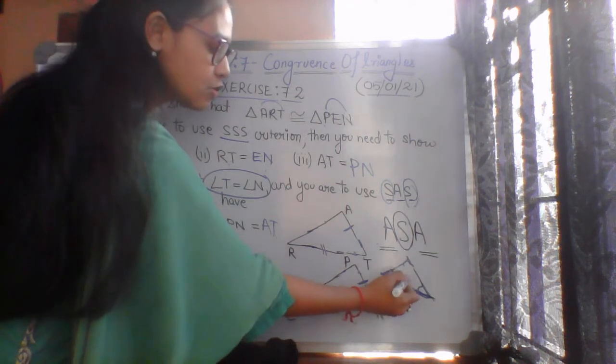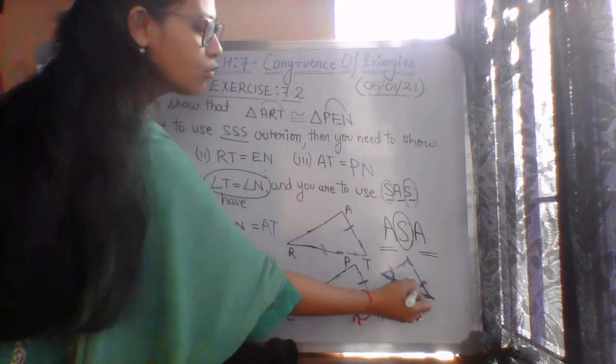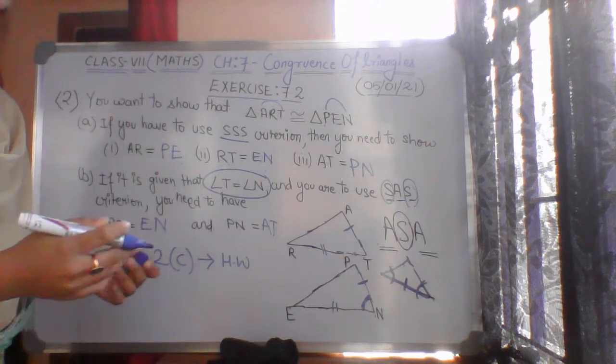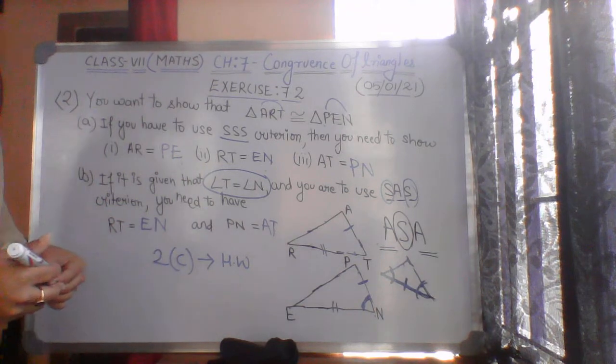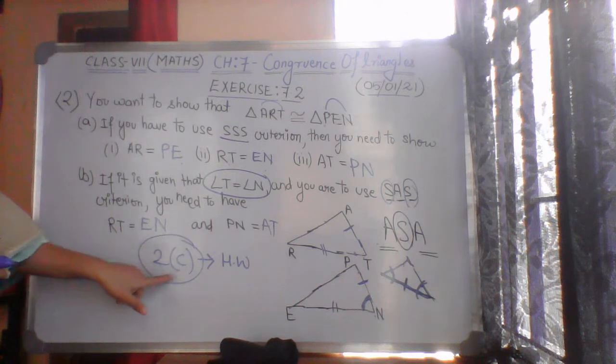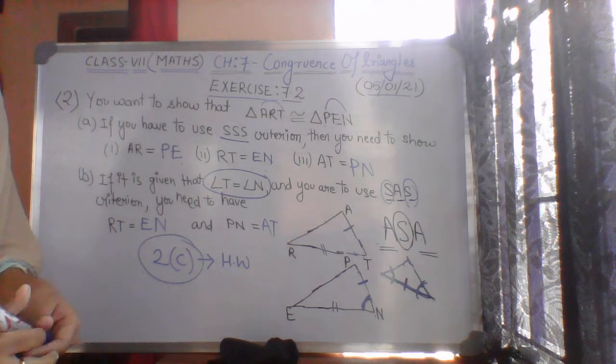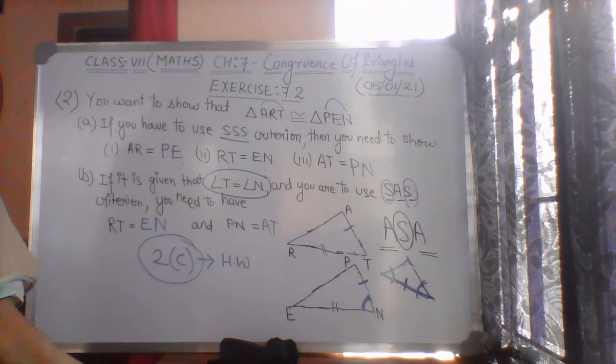Accordingly you have to write which angles will be equal. Once you try the C part of question number 2, if you face any difficulty, ask in the DCC class. Now moving on to the next question.